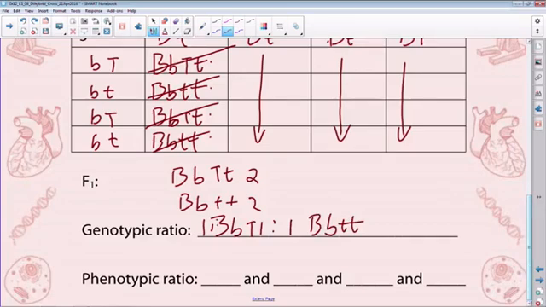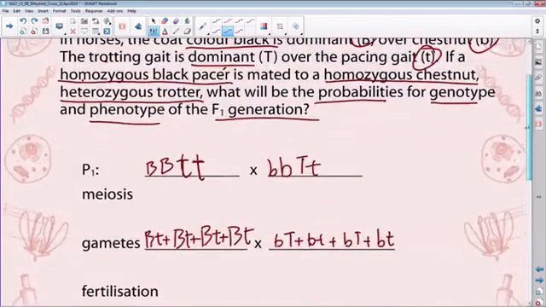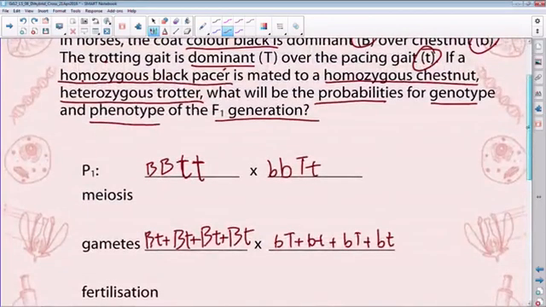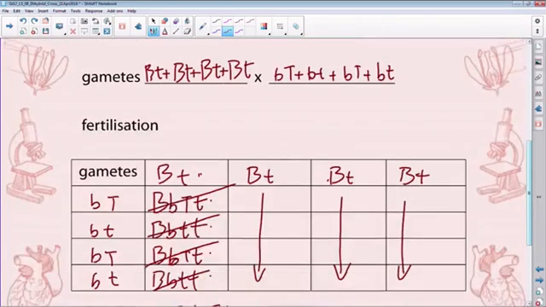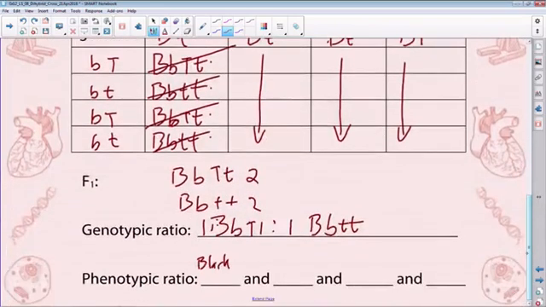both dominant, remember big B and big T, which means you're going to have a black, and is it the pacer or the trotter that's the dominant? Trotter is the dominant. Remember, I'm going to abbreviate so we can get through this. So it's a black trot, okay? And how many of those are we going to have?